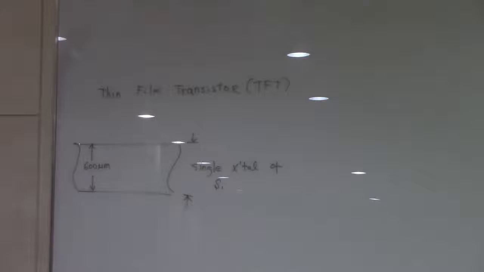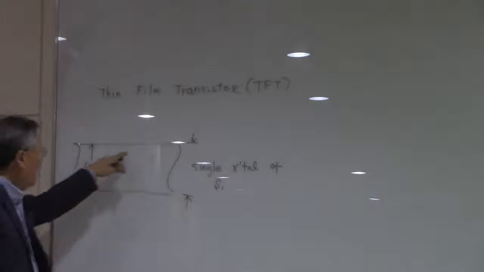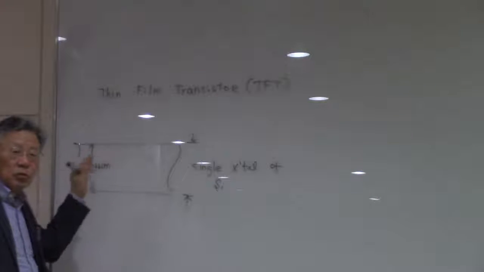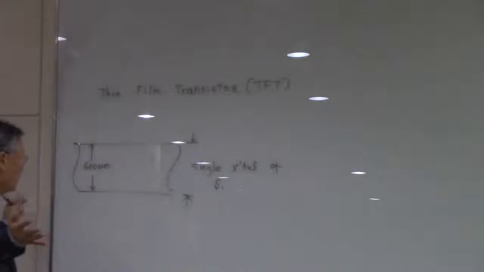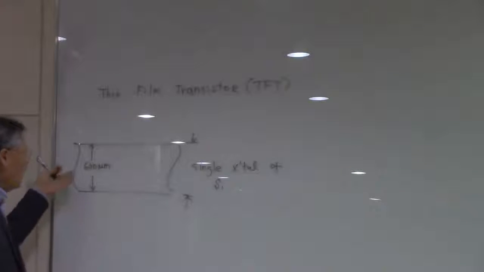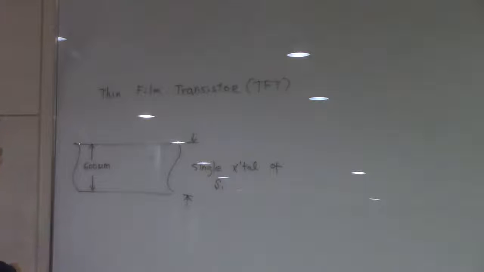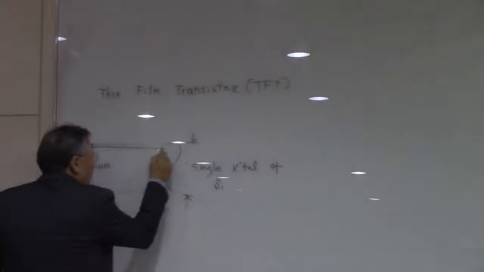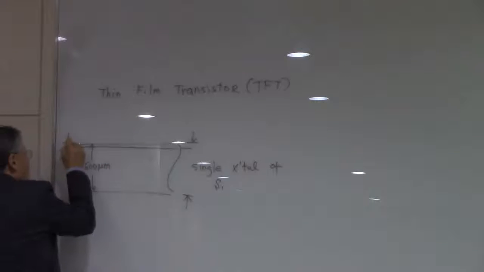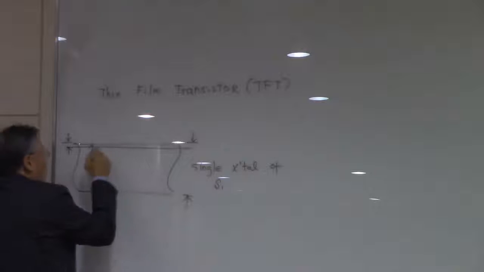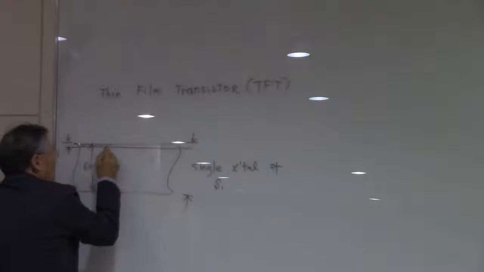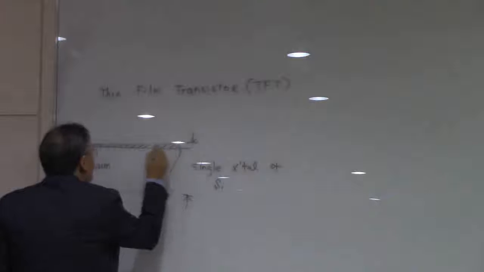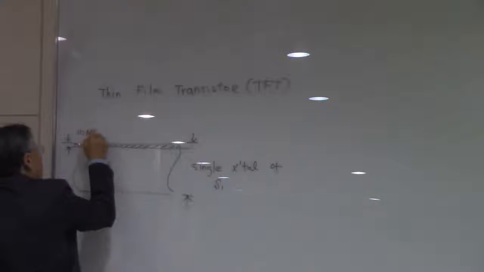And if you are not going to carry out the severe heat cycles, then this thickness can be reduced to 200 microns. But typically, generally, it is about 600 microns. And then the transistors are going to be fabricated on the top surface, and the thickness of this top surface is less than 10 microns.